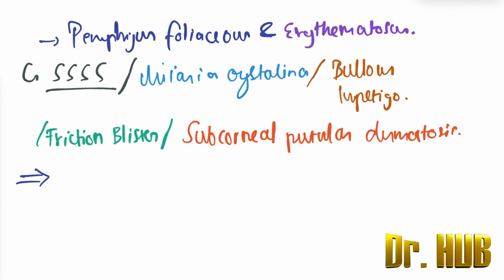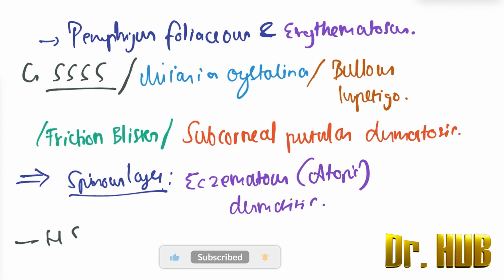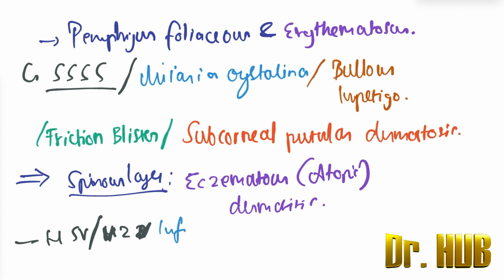Then comes the spinous layer. This involves eczematous, which means atopic dermatitis. Then there is also HSV and VZV infection.